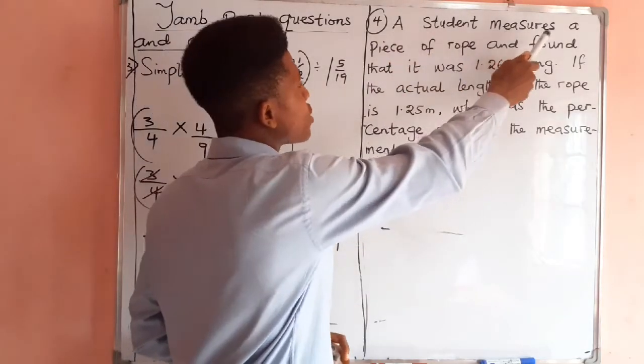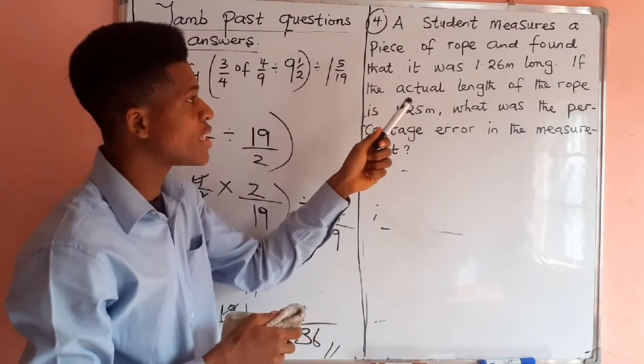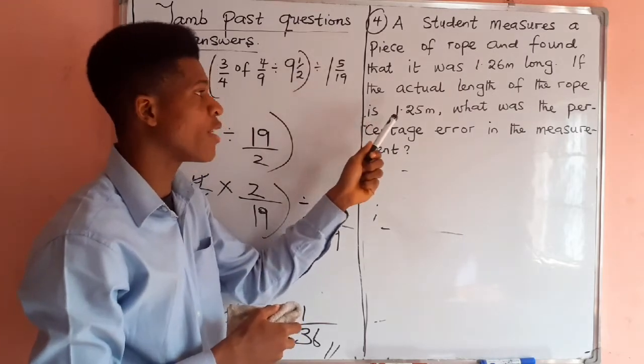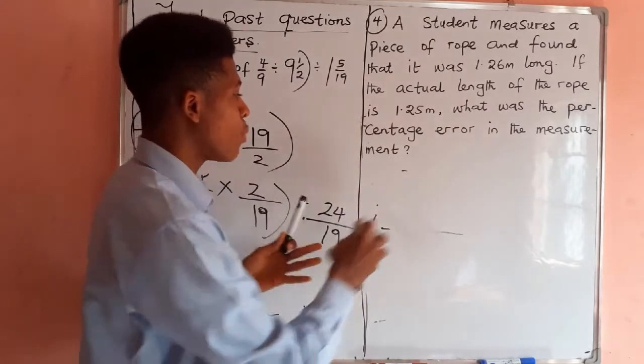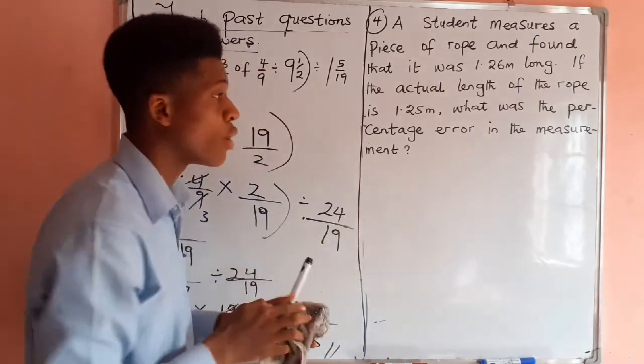A student measures a piece of rope and found that it was 1.26 meters long. If the actual length of the rope is 1.25 meters, what was the percentage error in the measurement? So first things first, we have to look for the error in length.